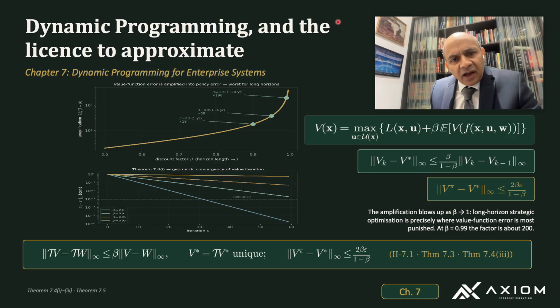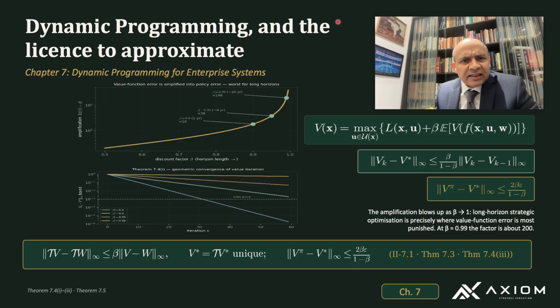Theorem 7.5 gives policy iteration convergence: finitely many iterations on finite spaces, and monotone improvement. Policy iteration improves enterprise policy value monotonically, strictly improves whenever the current policy is suboptimal, and on finite state action spaces reaches an optimal policy after finitely many iterations.